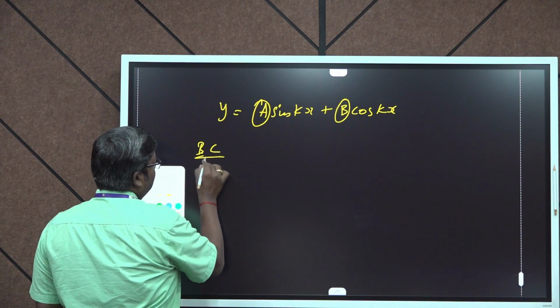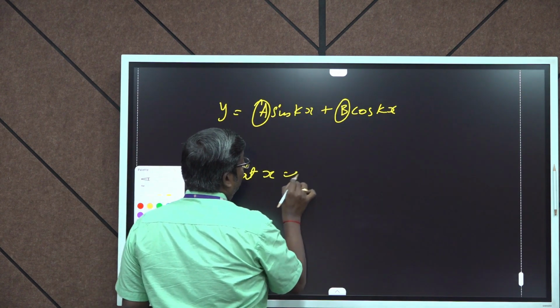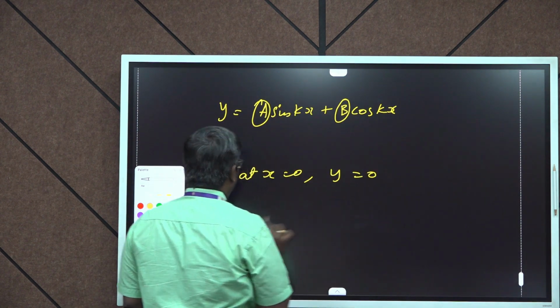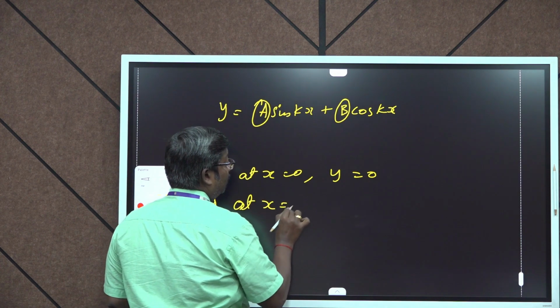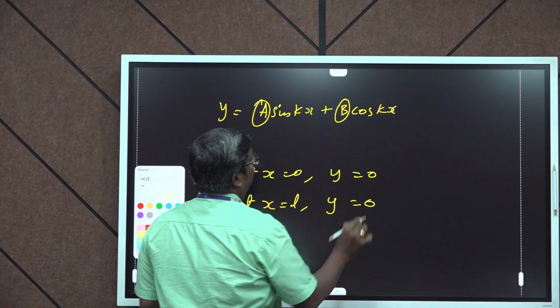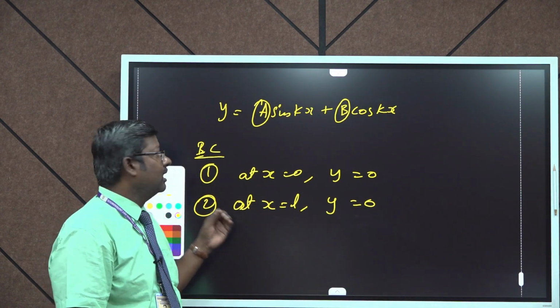The first boundary condition is at x equal to 0, y equal to 0, and the second boundary condition is at x equal to L, y equal to 0. By substituting these two boundary conditions we can find the constants a and b.